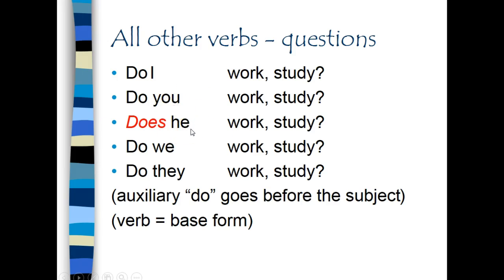It could also be she or it, in which case my auxiliary is does. Where does he work? Remember that the auxiliary do goes before the subject, do or does, and then the verb goes back to the base form. So what that means is I do not put an S on my verb.